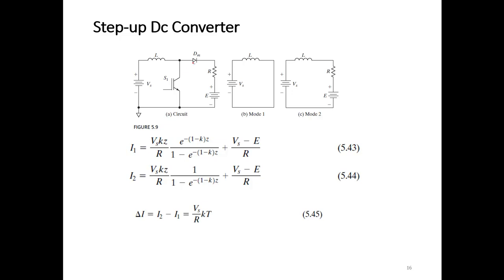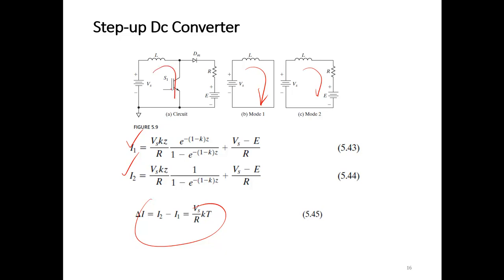If you have an inductor and a switch and that battery there, you turn on, the current rises. When you turn off, the current falls. Then you can show that as long as it is continuous, the minimum current, the maximum current and the ripple, you can calculate from there. Basically you have an inductor and you got a switch.